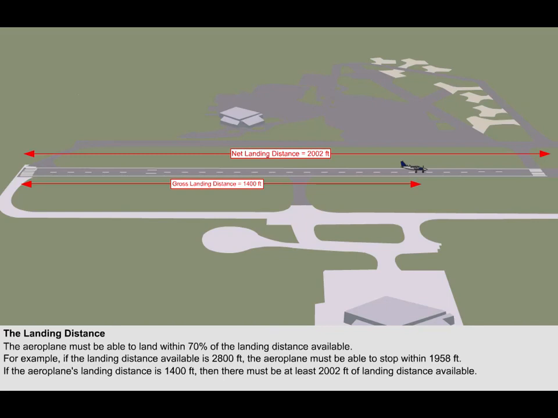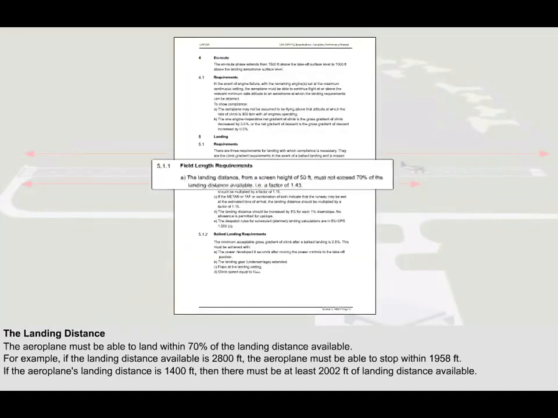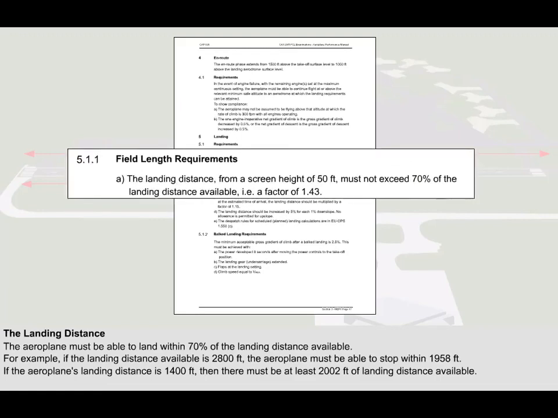Here, the gross performance is 1,400 feet. But the net performance, which is always worse than the gross performance, and is the 1 in a million worst-case scenario, is 2,002 feet. The landing regulation we have just been discussing can be found in CAP 698, midway down page 17 of Section 3.